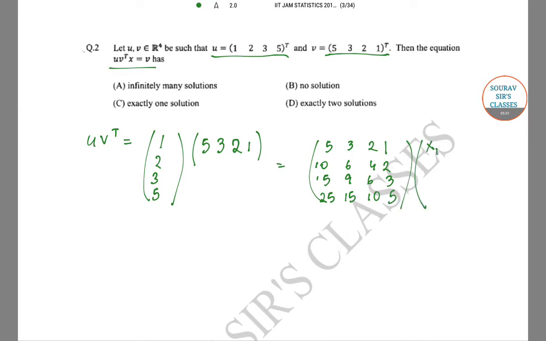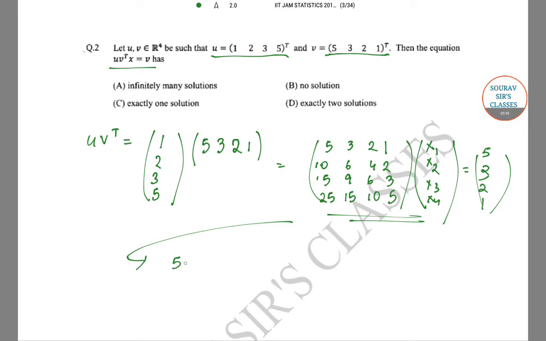Suppose you have some x1 x2 x3 x4. This has to be equal to v, which is 5 3 2 1. So this equation becomes 5x1 plus 3x2 plus 2x3 plus x4 is equal to 5.